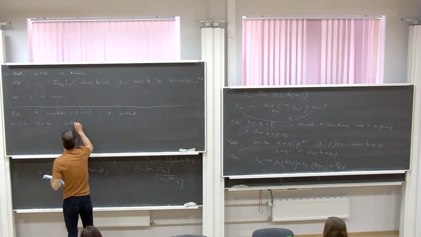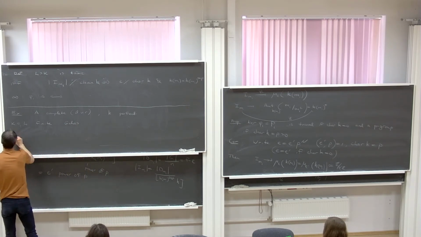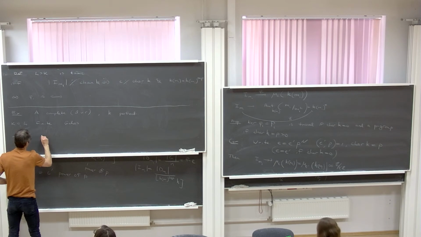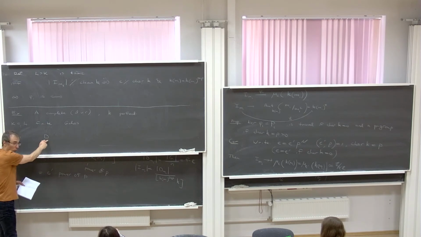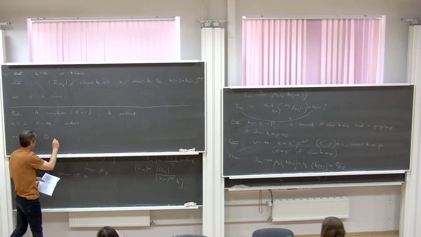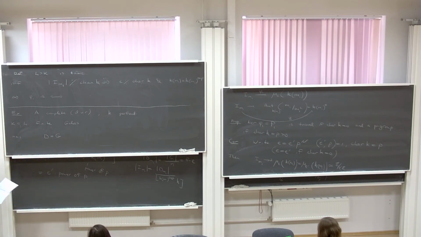Well, here is what I want to do. Again n is 1. So we have the composition group. I will not put an index here because there is only one maximal ideal. It's the whole group G, as we already observed.